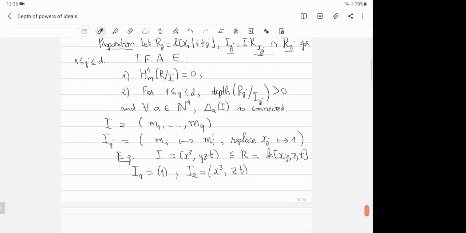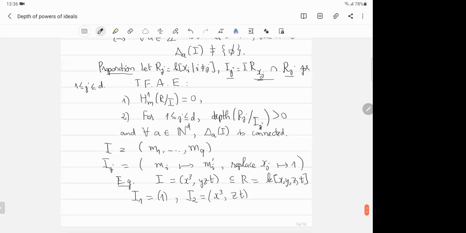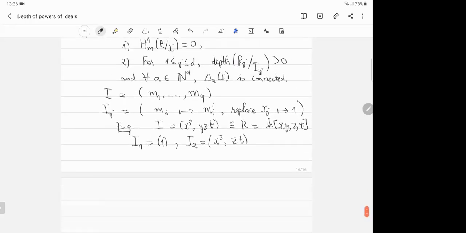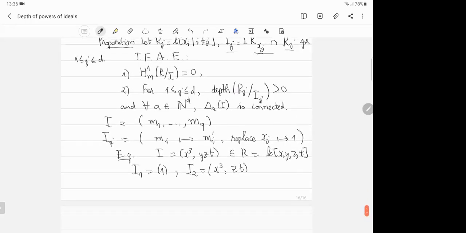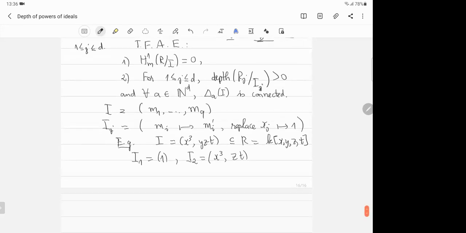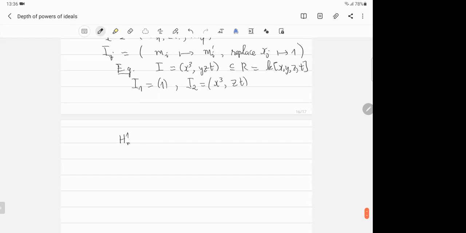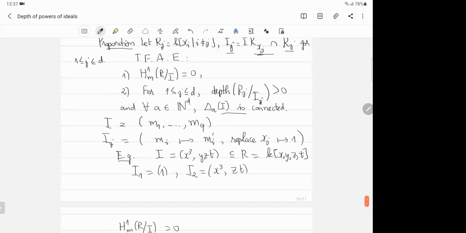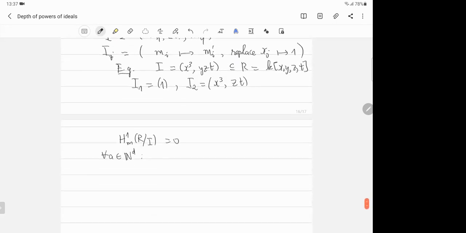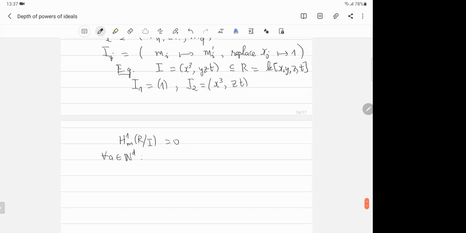Okay. So to prove this proposition, you only need to dig into the local cohomology. So, for example, why do you have this condition? Because if this is equal to 0, then for every a in N^d, I do not give a proof for this, but I explain roughly the easy proof. Of course you should have that it is 0 in this degree.